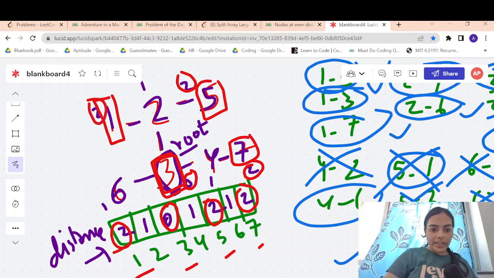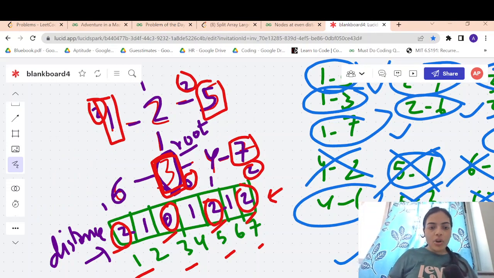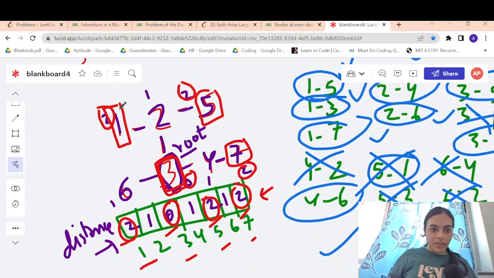All these are even distances in this distance array. So relatively, all are at even distances compared to each other. That means all of them are going to be at even distance with respect to each other also.